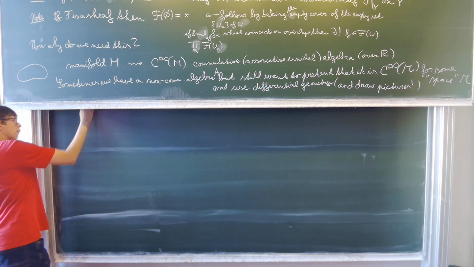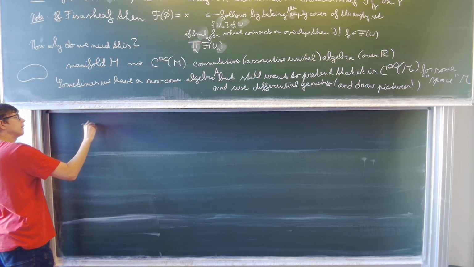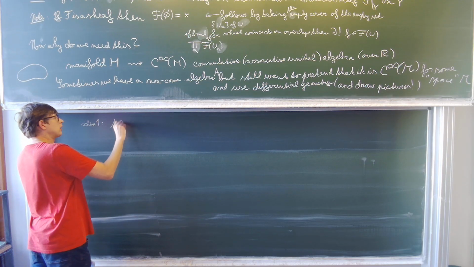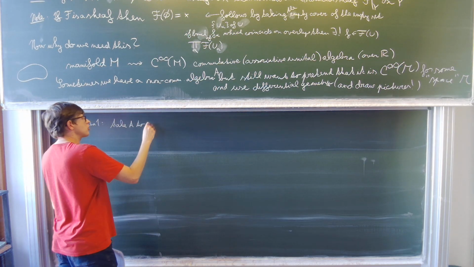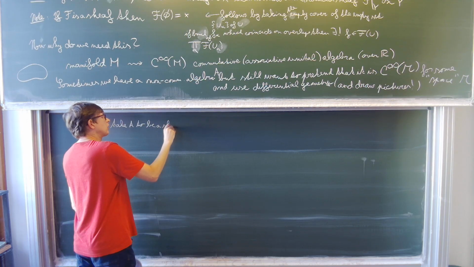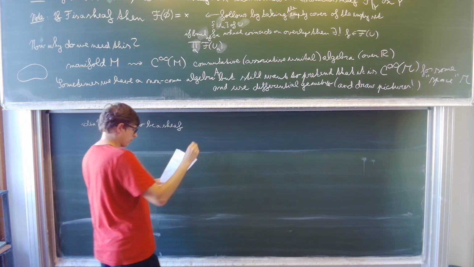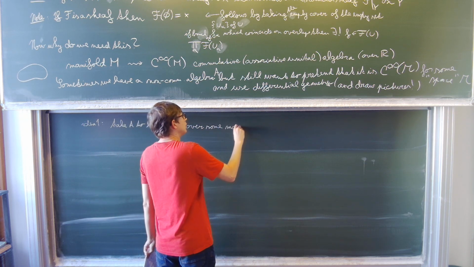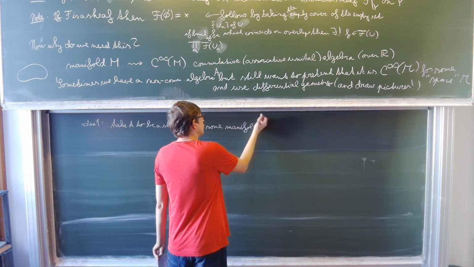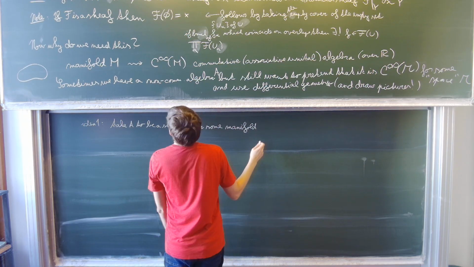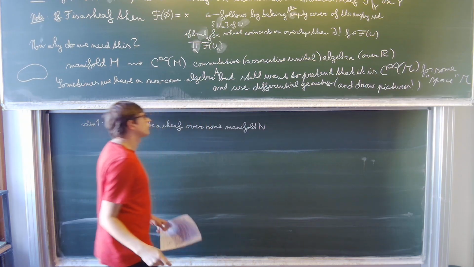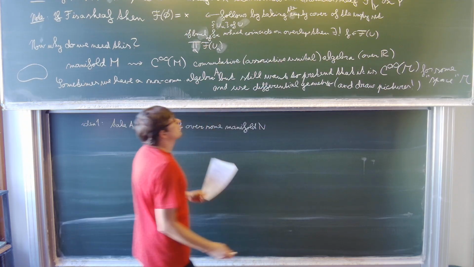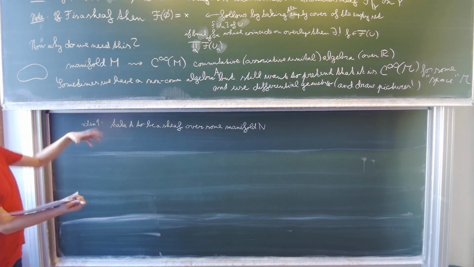To make this more formal, idea one is that we take A to be a sheaf over some space, maybe a manifold. Let's use N, so as not to be confused with the above. In some sense I will do a sort of hybrid construction.